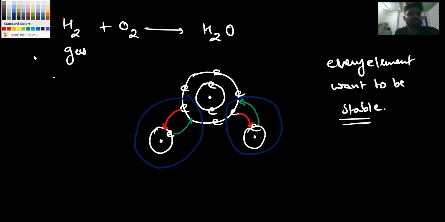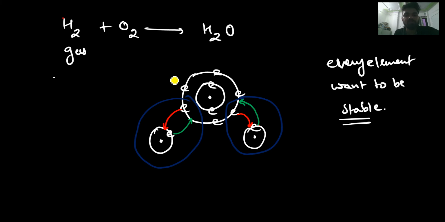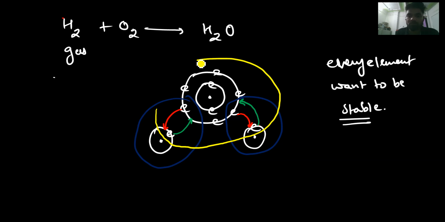Similarly, this oxygen atom is also going to have 8 electrons when these are shared. Now you understood. So this is 2 electrons, and this when it is shared becomes 8.